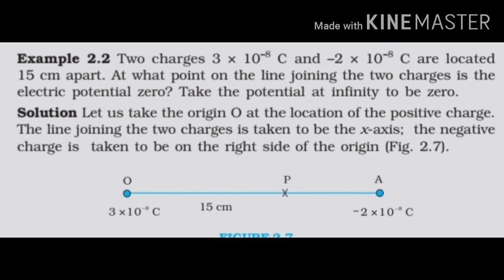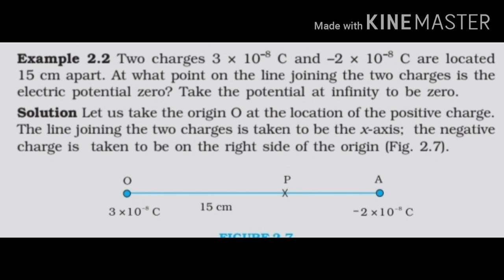So the first one is the positive charge and the point A is the negative charge, that is minus Q. The line joining the two charges is taken to be the x-axis. The negative charge is taken to be on the right side of the origin. It is given in your book. So O is the origin and A is the negative charge point.